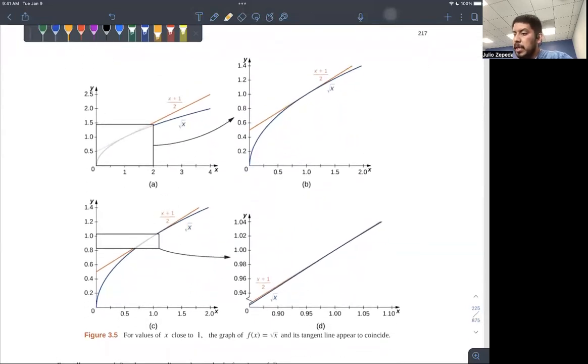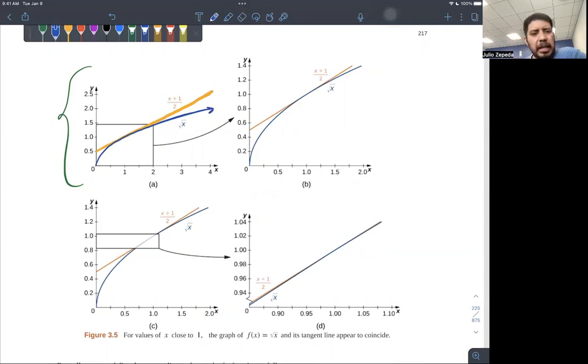Let's start with this upper left picture here. You can see the tangent line is there in orange, right? And obviously it's not the same as this curve, the square root of x function.